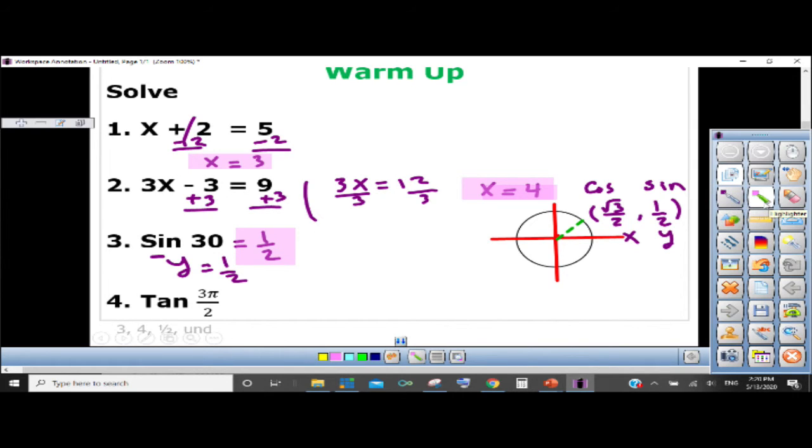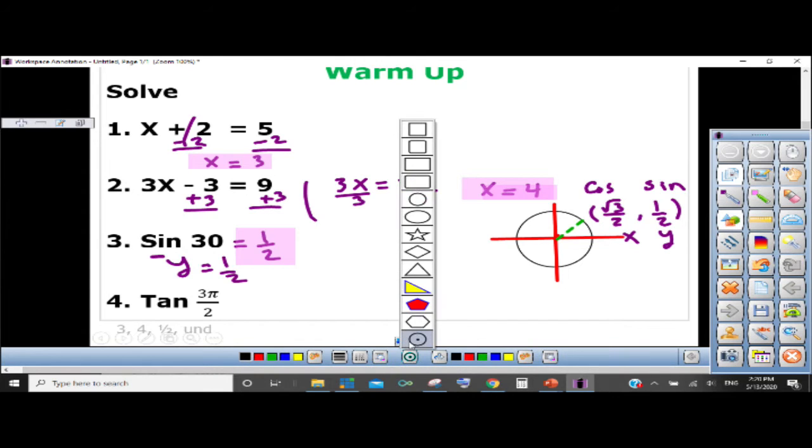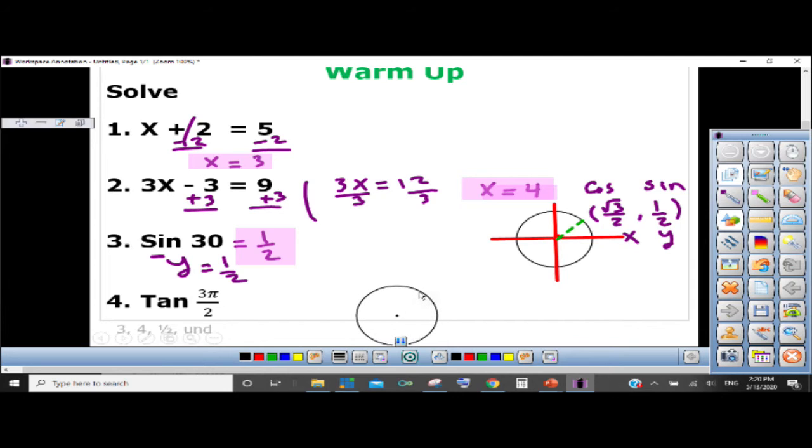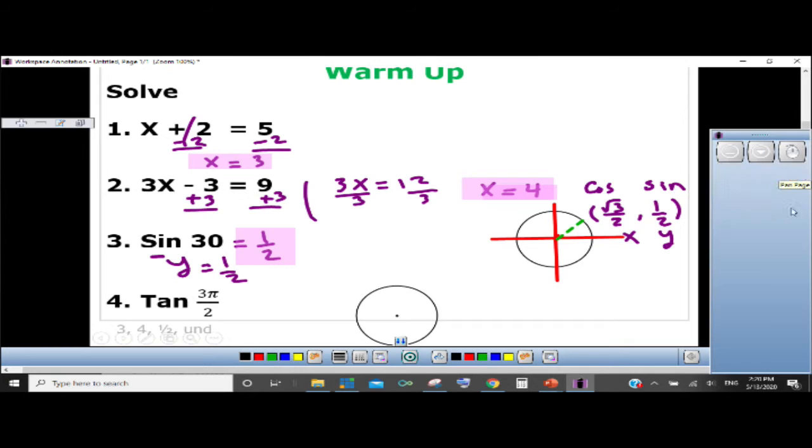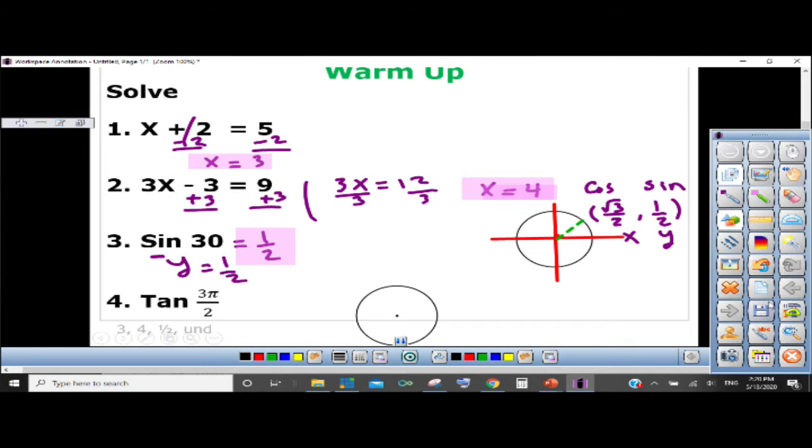Excuse me. The fourth one is equally amusing. We are going to use the same concept of the unit circle, since we worked so hard in the last lectures to learn that. So here's my unit circle, a little bit tiny here.